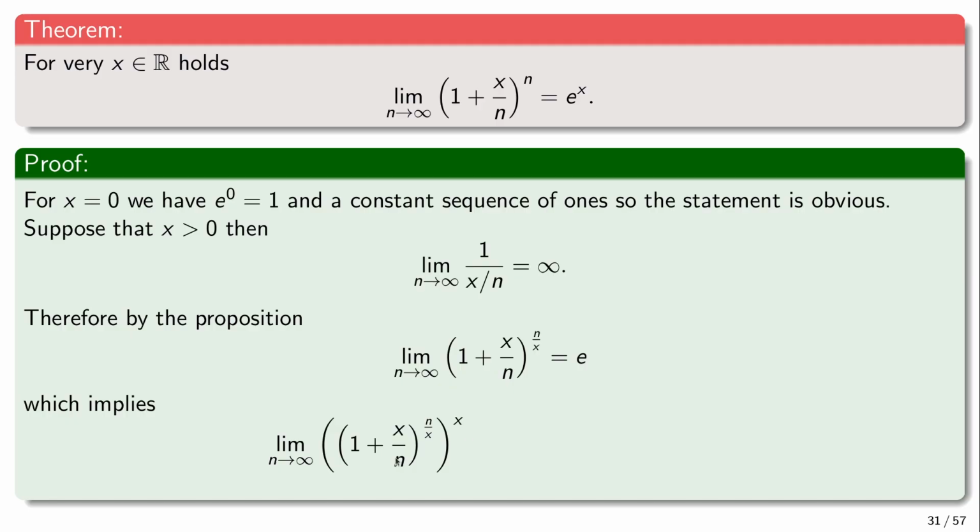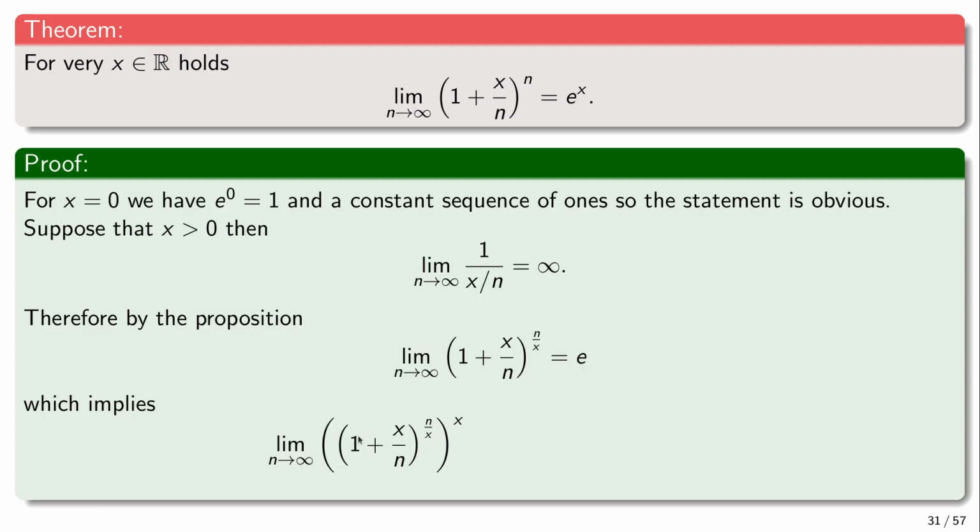Which implies, so now we are actually using this main result, not the general form, but the result that was proved in the previous lecture. Here we have a subsequence of a convergent sequence that consists of strictly positive values, because we assume x is greater than 0, so this is always strictly positive.